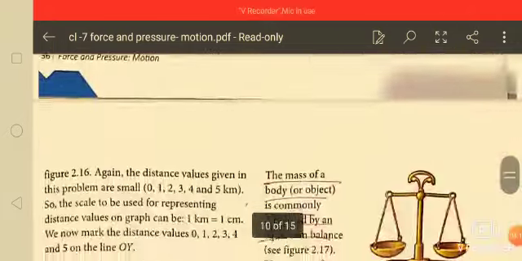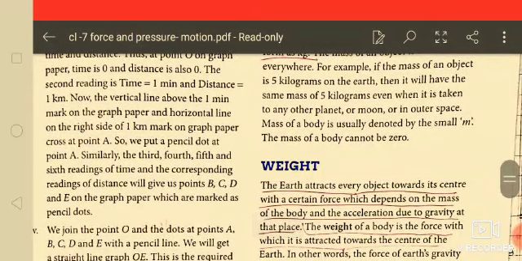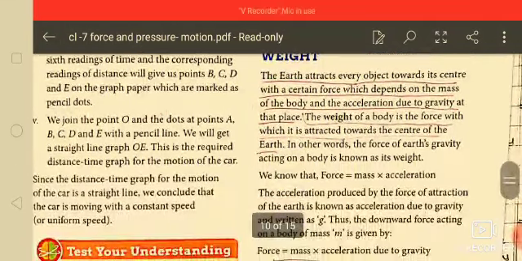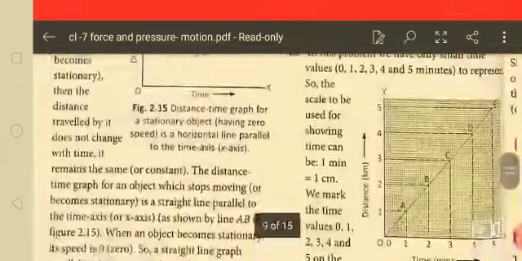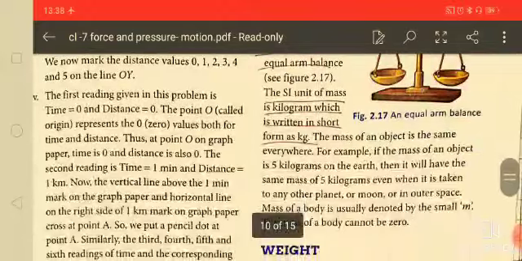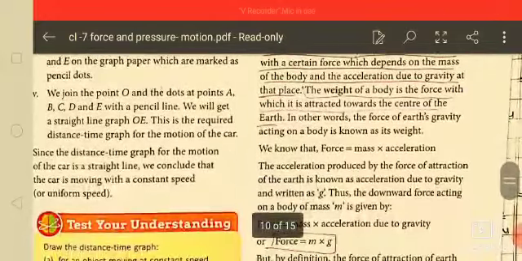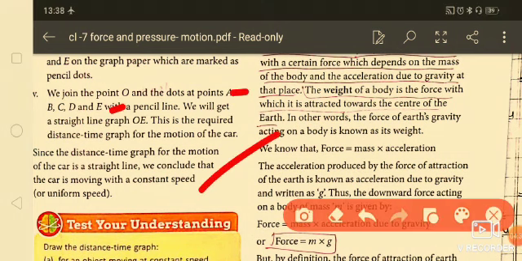Now students, after that you will observe we join the point O and the dot at point A. When you join these, what will you find? B, C, D and E with pencil lines, that means A to E, you will join like this.